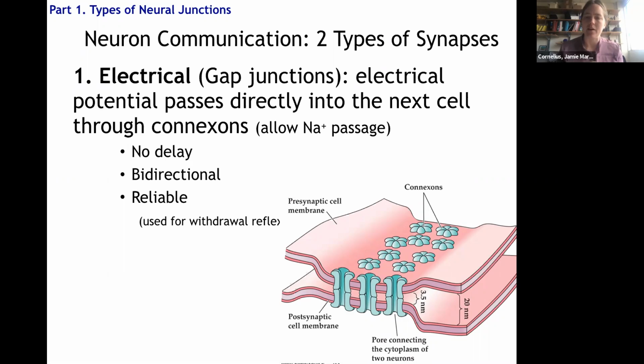And so there's not as much chance for plasticity and adjustment to the signaling between two cells connected by gap junctions. But the benefits are that there's no delay, it's very fast, it's bidirectional, and it's highly reliable. So you see it a lot in reflex circuits. You also see it in the heart, incidentally.